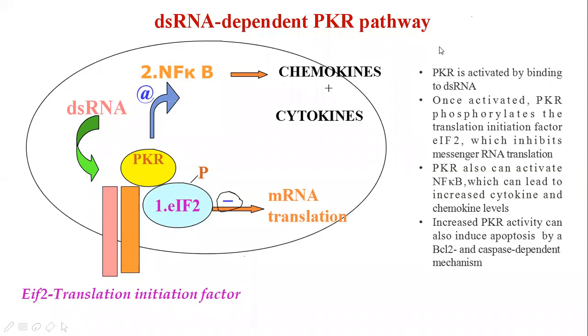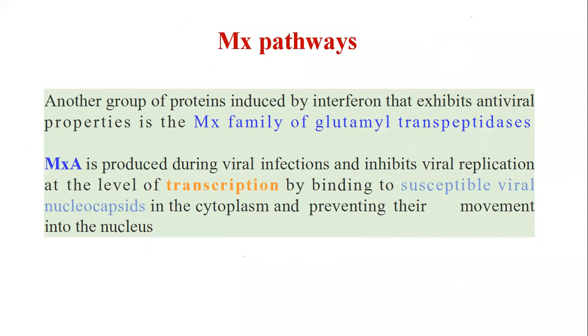Now the third one, that is the MX pathway. This is another group of proteins induced by interferons that exhibit antiviral properties, the MX family of GTPases. MxA is a particular protein produced during viral infections and inhibits viral replication at the level of transcription by binding to susceptible viral nucleocapsid in the cytoplasm and preventing their movement into the nucleus.